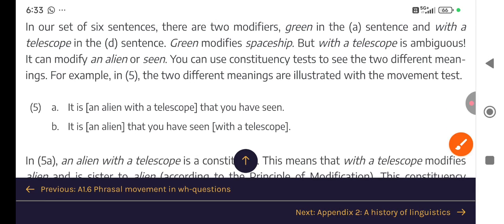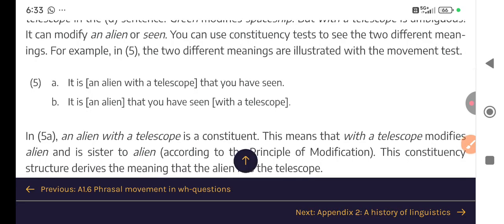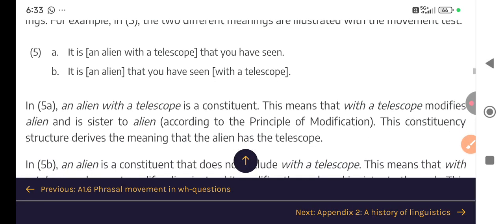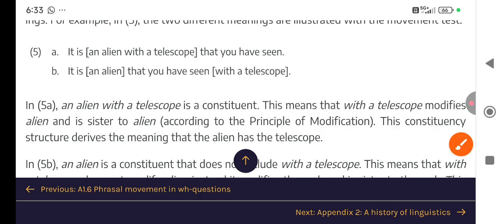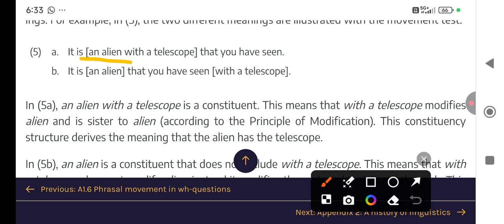And you can use a constituency test to see the two different meanings. For example, in sentence 5, the two different meanings are illustrated with movement. In 5A, it is an alien with a telescope, so that is an alien who has a telescope, an alien that you have seen.